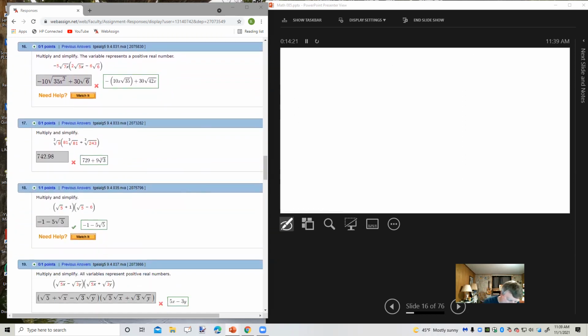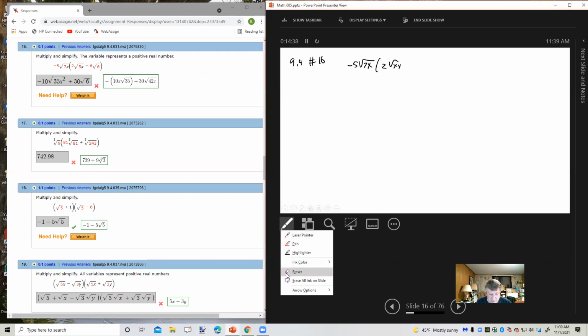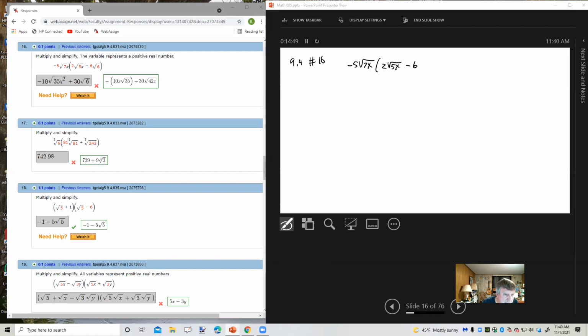Let's take a look at number 16. We've got -5 square roots of 7x times 2 square roots of 5x minus 6 square roots of 6.